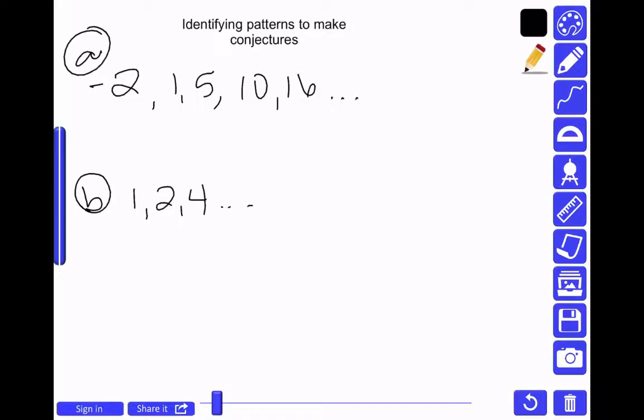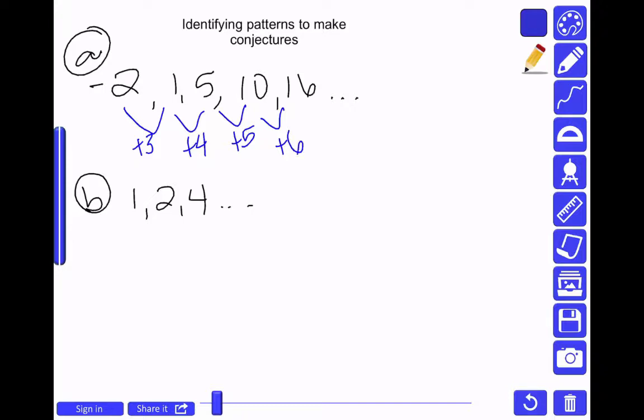So here I have 2 sequences. So looking at sequence A, the pattern is -2, 1, 5, 10, and 16. So we want to see if we can make a conjecture about the next 3 terms and then possibly even about any term after that. So I'm seeing a pattern. I'm seeing that this is +3, this is +4, +5, +6.